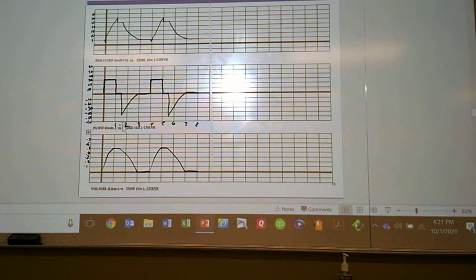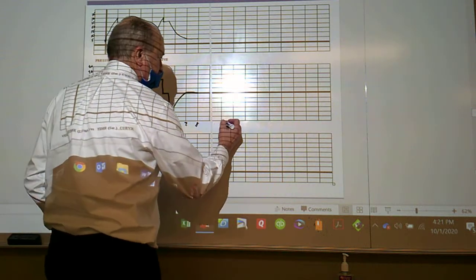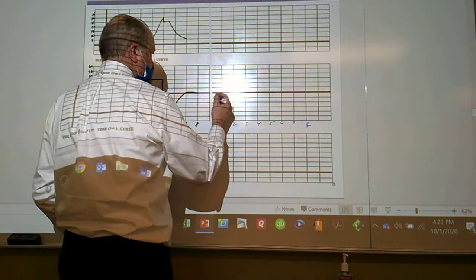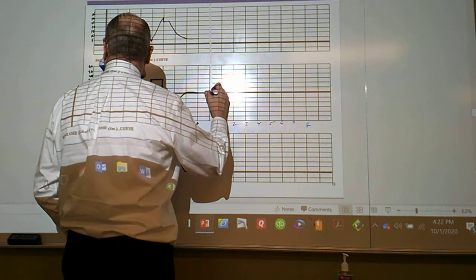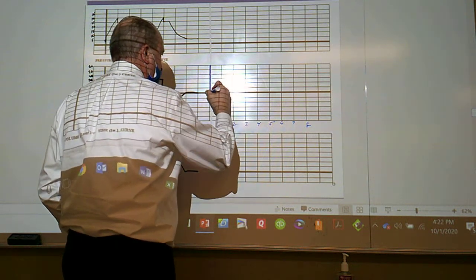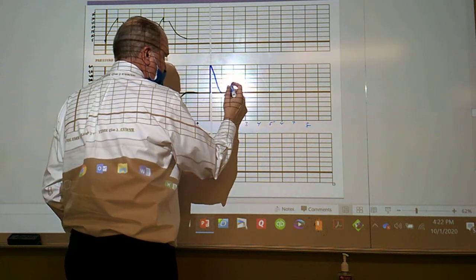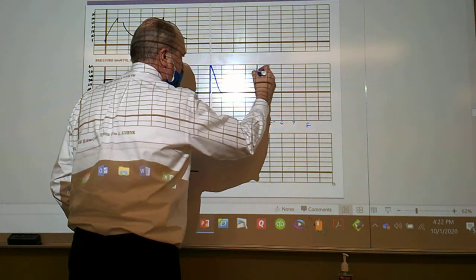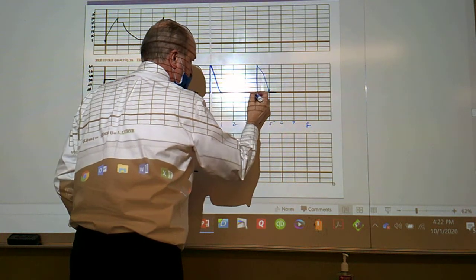So same idea, I have a peak flow here of 60 liters per minute, but a decelerating ramp. Plateau. And then my next breath is going to start here. Plateau.